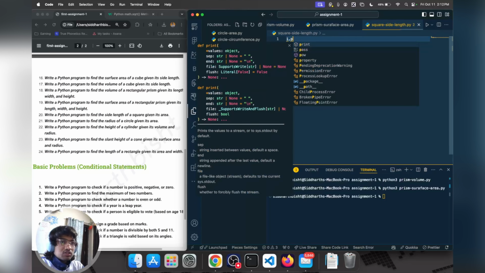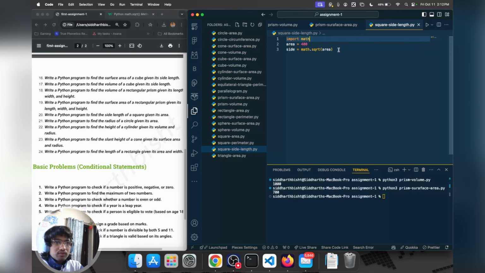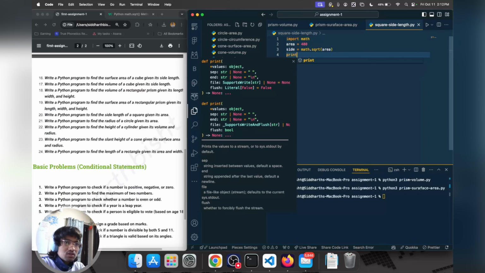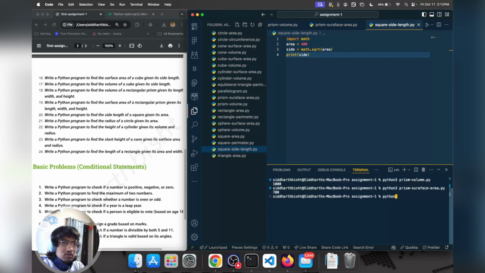So I'll just write import math, and as soon as I print this, I'll get the side. So python3 square_side_length.py, and I got one of its sides as 20.